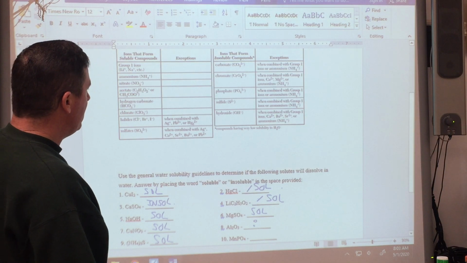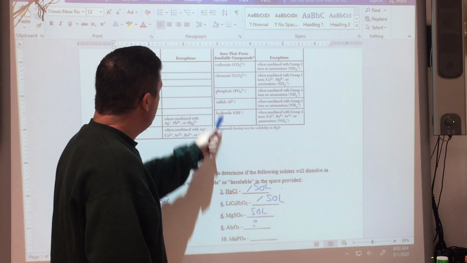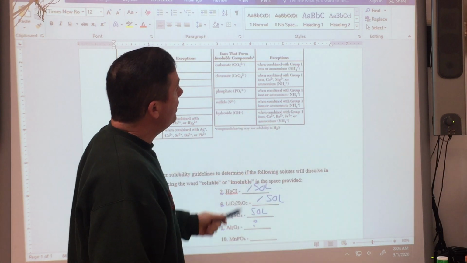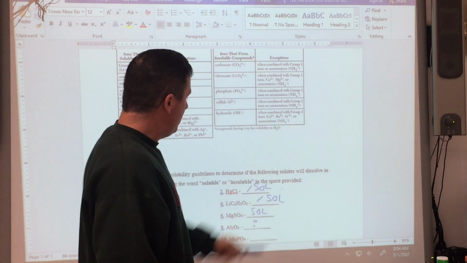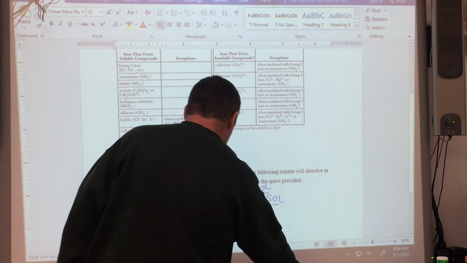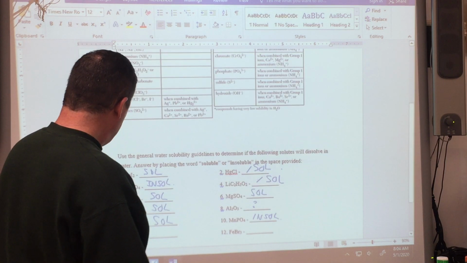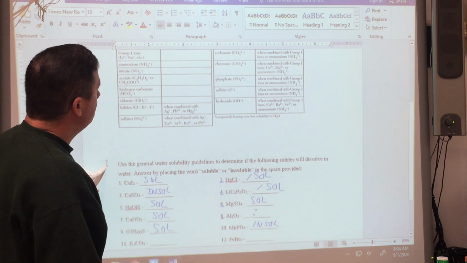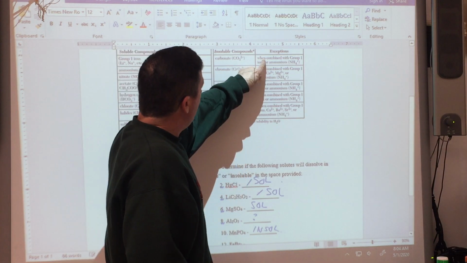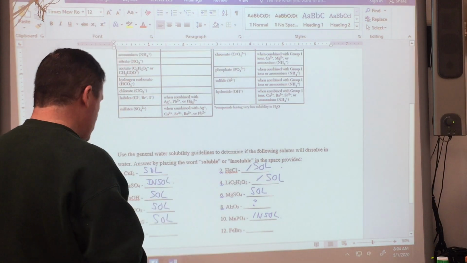And manganese phosphate. Phosphates are insoluble. Is manganese an exception? Manganese is not in group 1. It's a transition metal, and it's not ammonium. So this is insoluble. Okay? 2 more. All right. Potassium carbonate. Well, carbonates are up here. They're insoluble. Is potassium an exception? When combined with group 1, potassium is in group 1, right under sodium.